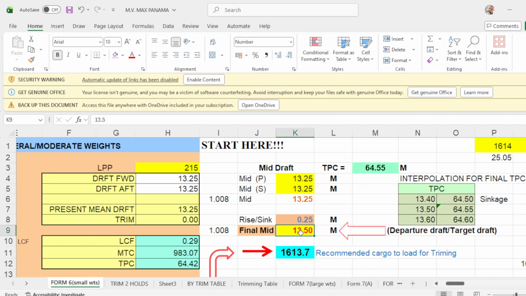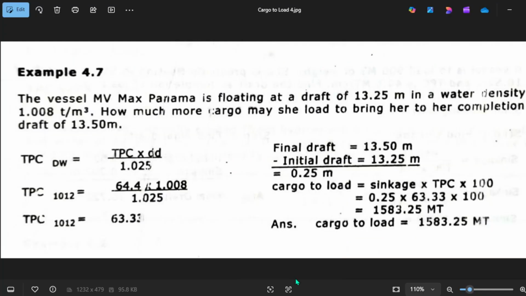Take this out first. And it says the final mid or departure draft is the final draft, which is the departure draft, and this is your initial. So your departure draft is 13.50 and your sinkage is 0.25.